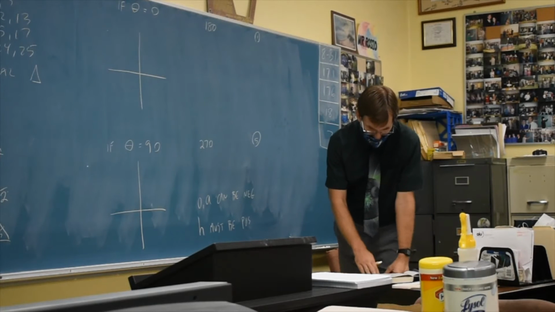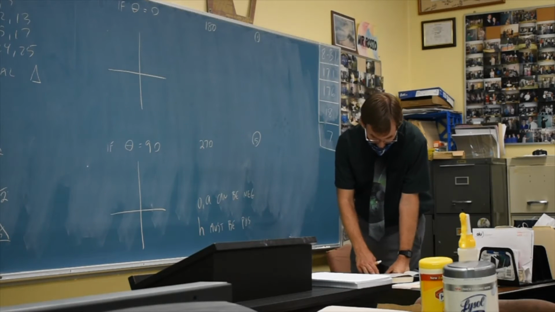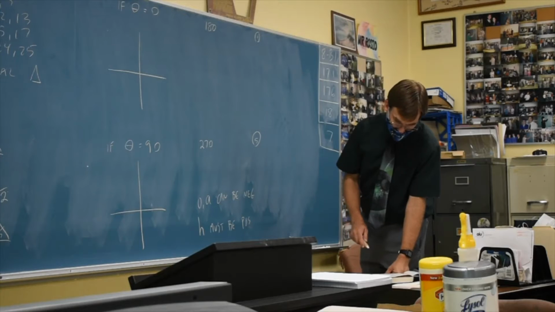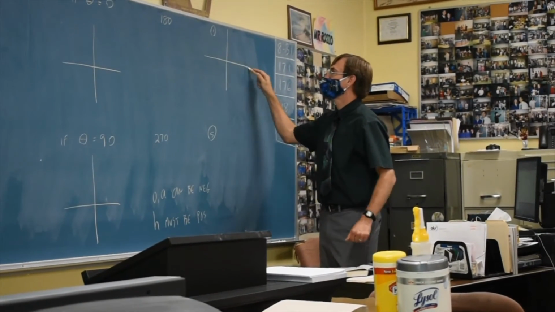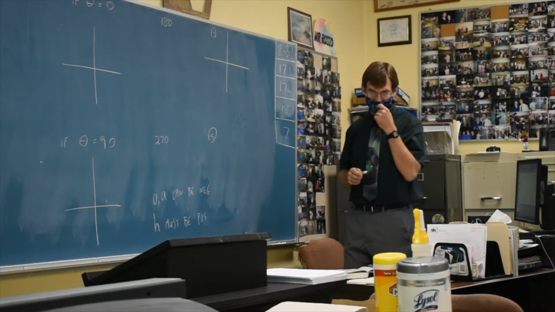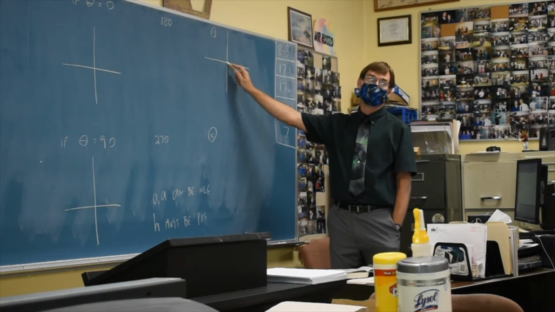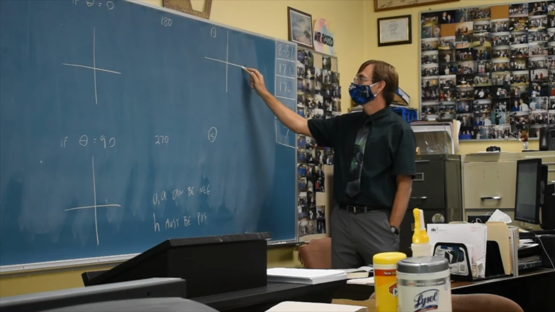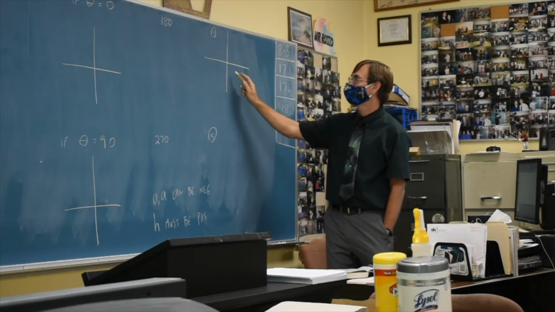It says, for problems 1 to 4, find the exact value of all 6 trig functions if the terminal side passes through the point, for this one, 4, negative 3. So I'm going to draw myself an xy axis. Where is the point 4, negative 3? Right 4, down 3. So I'll do a point there for 4, negative 3.